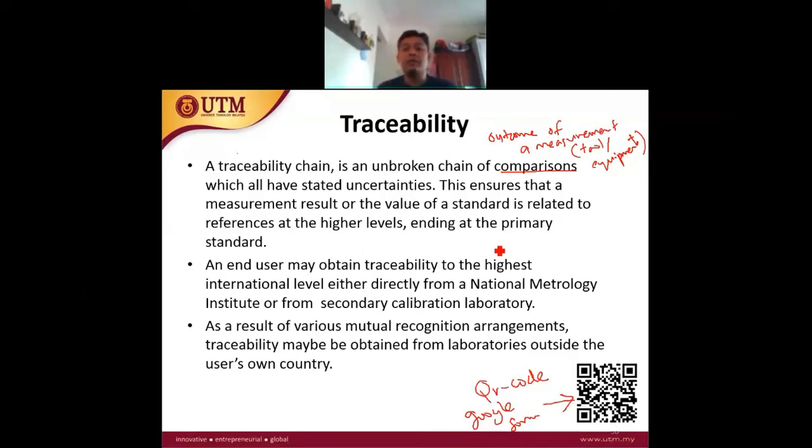So the weighing machine is basically a tool to measure weight. And how do we make sure that the outcome from the weighing machine is actually showing the exact quantity?